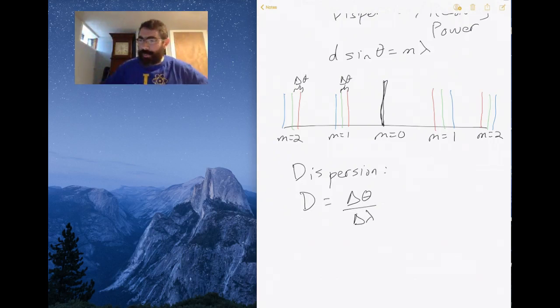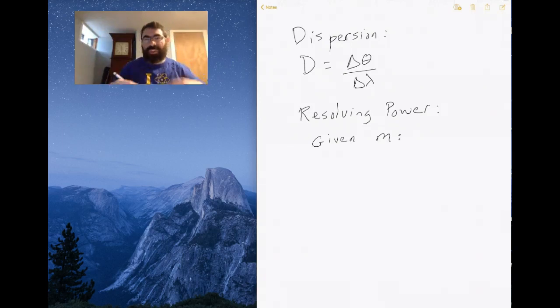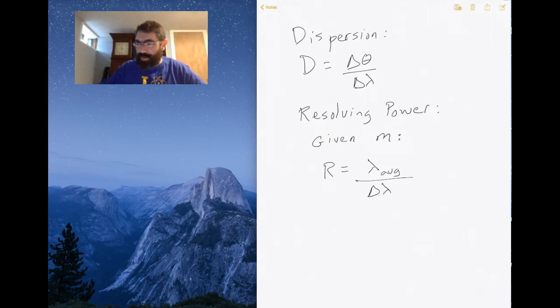Now, another useful quantity to describe this separation is the resolving power, where this time we're given an m, so we'll pick one, m equals 1, m equals 2. How we're going to resolve those different colors is if we take an average of the wavelengths of, say, those two colors, and then we look at the difference in their wavelength.